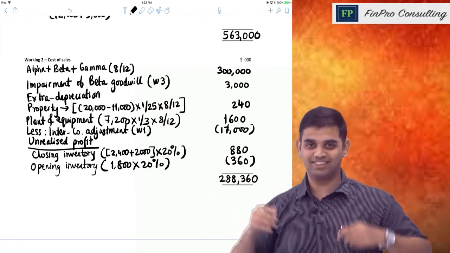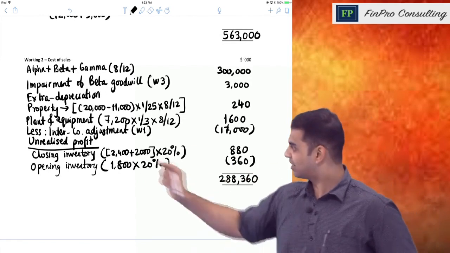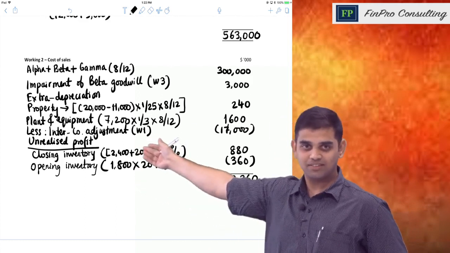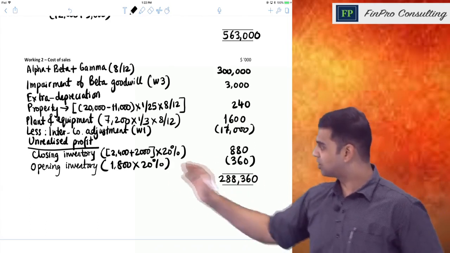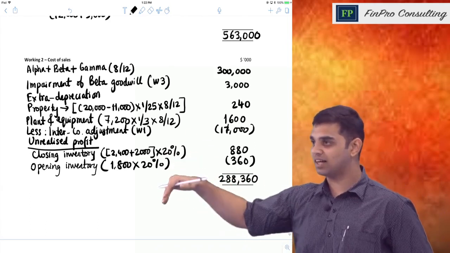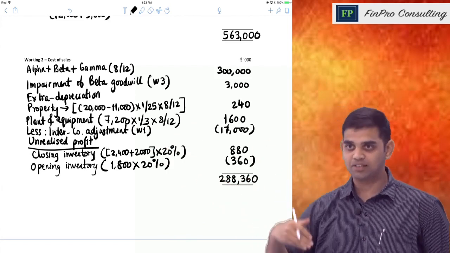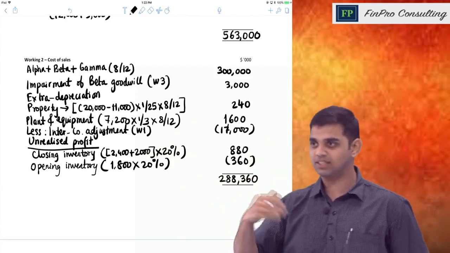So that is why less. See, 880 is for the current year, 360 is for last year. Are you getting me? So 360 we reversed of last year. That means it was a cost last year. So it is a cost, meaning my net assets reduced. So less 360.